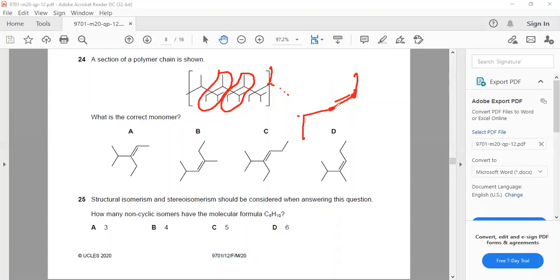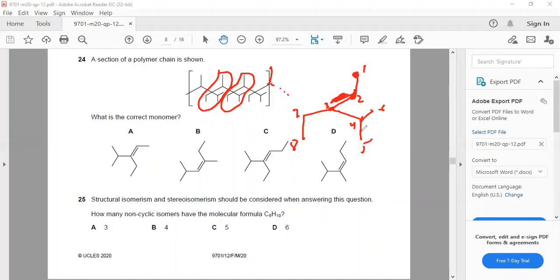This CH2CH3 is a double bond here. This is a monomer actually. Carbon 1, suppose 2, 3, 4, 5, 6, 7, 8. So there are 8 carbon in the monomer. It is not IUPAC nomenclature I'm doing. This is the monomer.